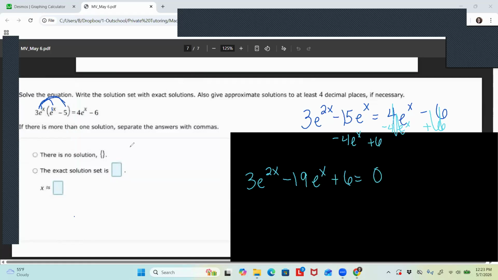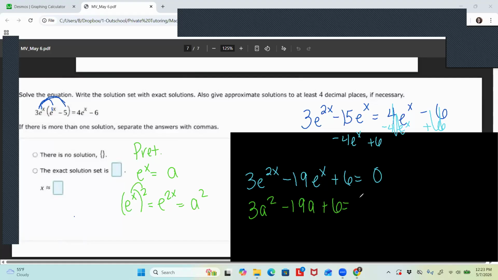Now we're going to pretend that e to the x is, let's call it a. You can call it whatever you want. If you square that, e to the x squared, that's e to the 2x, so a squared. So now this is 3a squared minus 19a plus 6.